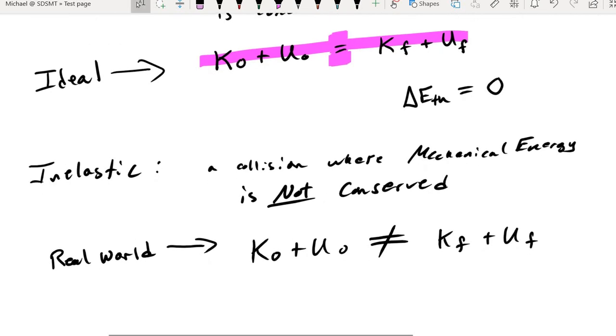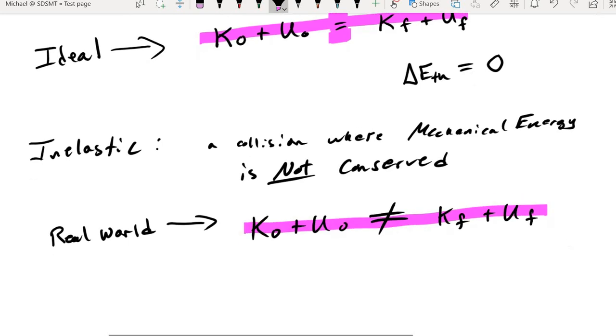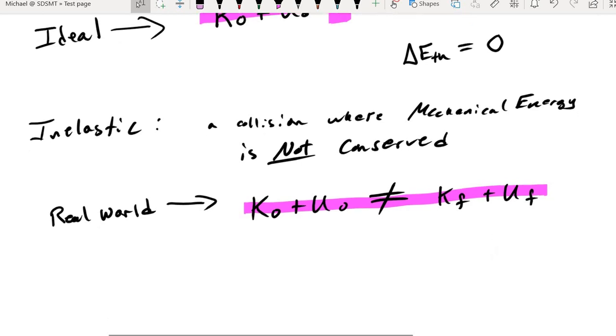The inelastic collision is a real-world scenario, but it provides us with an inequality. And an inequality, that's an expression, but algebraically there's not really anything that we can do with that. All I can say at this point is that the left-hand side is not the same as the right-hand side.